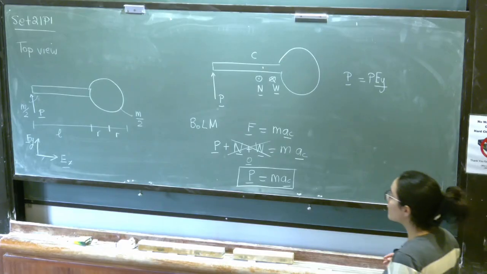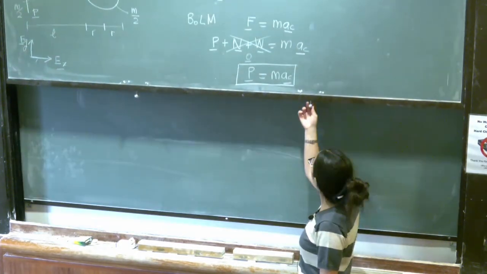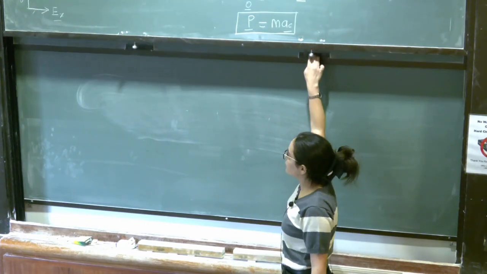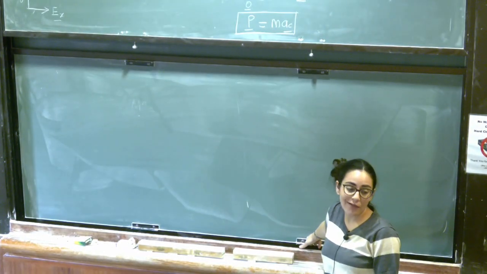Now I want to determine alpha, the angular acceleration of the rigid body. What do I do? Which equation contains alpha?